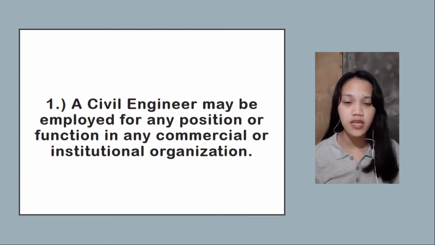Number 1, a civil engineer may be employed for any position or function in any commercial or institutional organization, means a profit organization. With this, a licensed civil engineer may not allow his license to be used by the company that employs him without the proper agreement for his professional services.